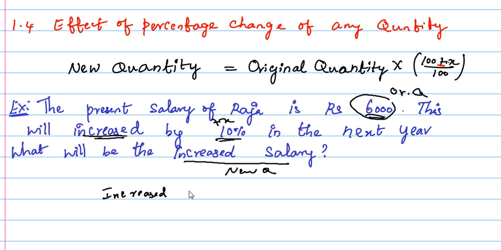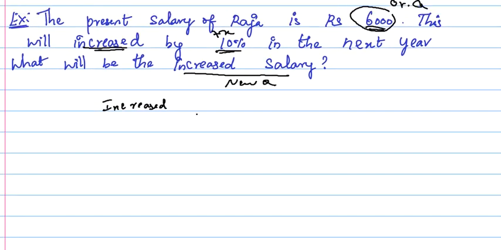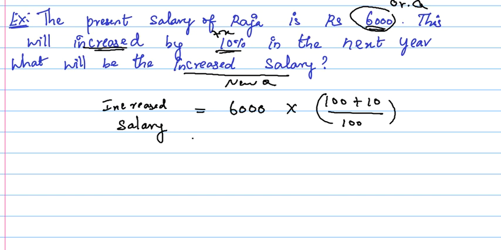Increased salary equal to the present salary, 6,000, into 100 plus x, that is 10%. It is enough to put 10 divided by 10, so you can simplify: 110 divided by 100.